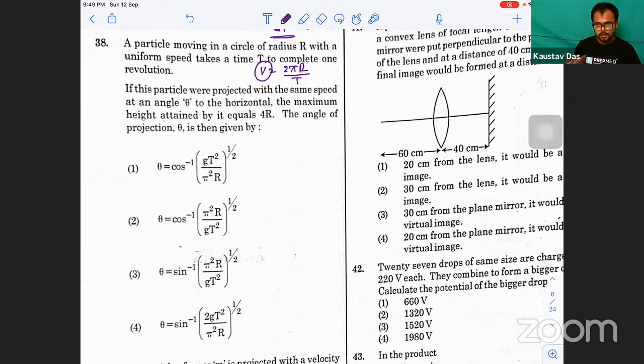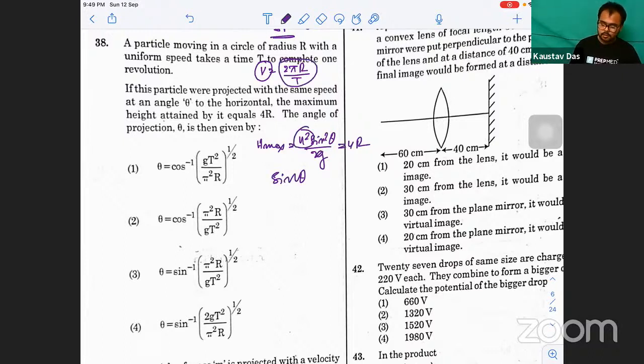Now, whenever we express the value of maximum height, h max, which gives us u square sine square theta divided by 2g, which is given as 4r. So from that value, you can get the value of sine theta, putting the value of v as 2 pi r by t.